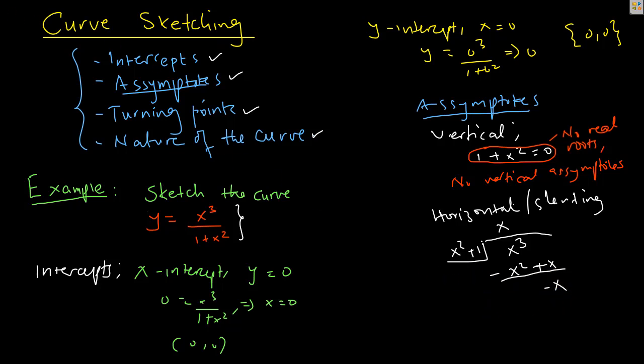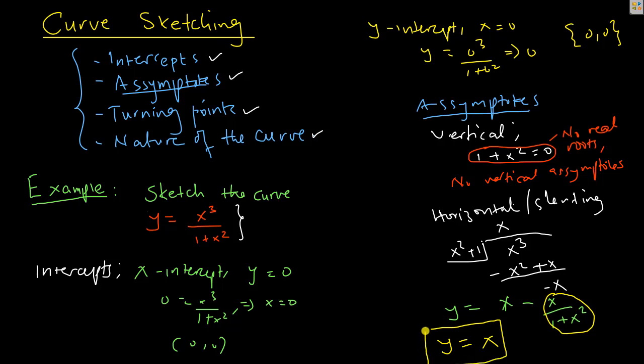So I can actually rewrite this as y equals x minus x divided by 1 plus x squared, and if I take the limit as x tends to infinity, this is going to go to 0, so I have my slanting asymptote as y equals x.